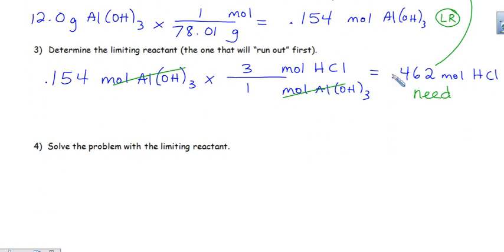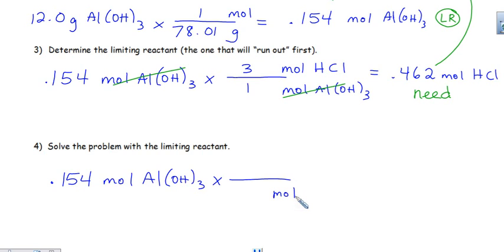So we start all calculations with the limiting reactant. You can go back to it in moles, 0.154 moles of your limiting reactant. Since it's in moles already, we can cancel moles of the limiting reactant, aluminum hydroxide.